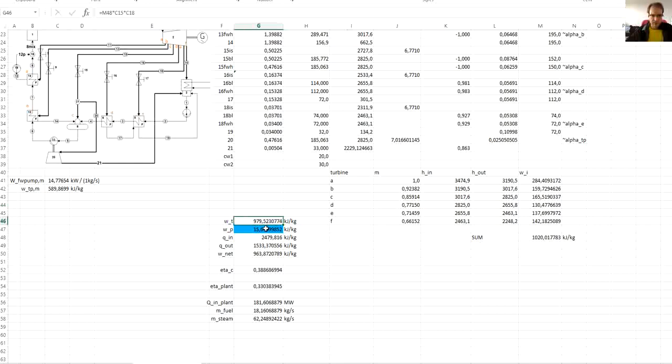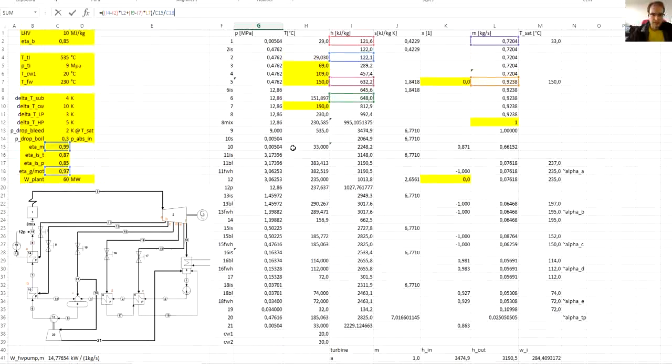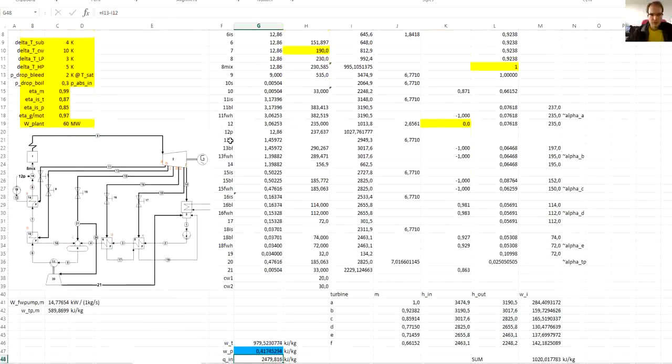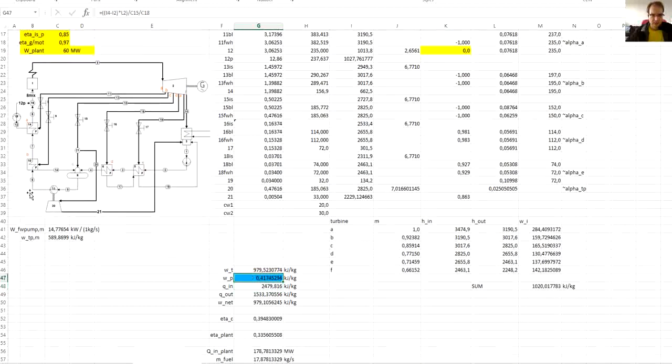Now we have the work of the turbine. Now the work of the pump that we need to provide by electricity is only the condensate pump, so that is the pump between points 1 and 2, and not this one anymore, because the second pump, the feedwater pump, is already reflected in the lower turbine output.